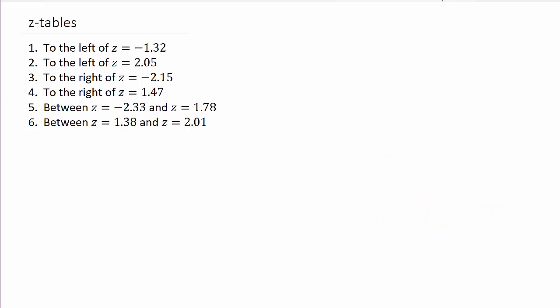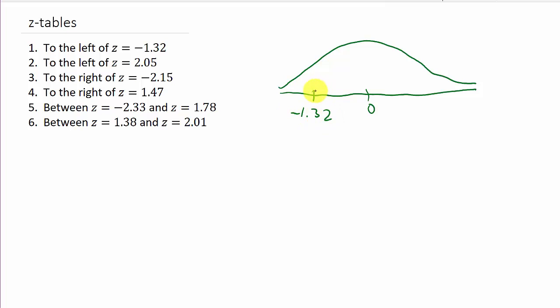Now, whenever you're doing this, you want to find the area to the left of z equals negative 1.32. Whenever you're working these, you want to draw a picture of it. There's your mean, and here's your z-score of negative 1.32, and we're looking for the area to the left.